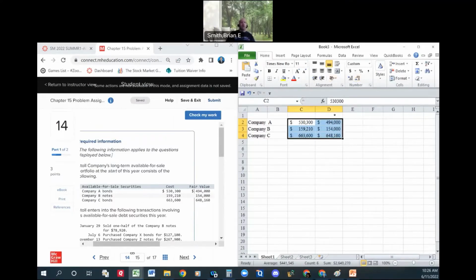And fair value, cost. Sold, fair value. So we'll probably need to do some kind of fair value adjustment, I'm guessing, on that. So we sold half of these.